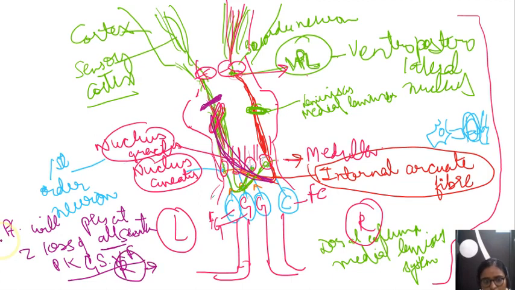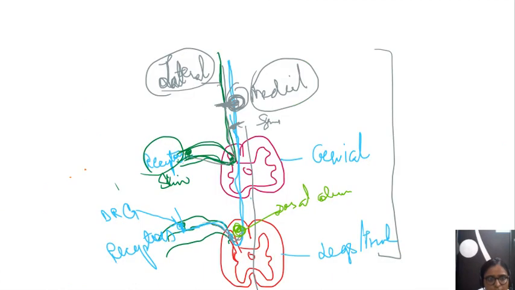So patient will have the contralateral loss of all these sensations, right? And for example, patient is having the lesion over here, below the crossing. So patient will present the ipsilateral loss of all the sensations, right? So with this your first tract is complete, which is called your dorsal column medial lemniscal system.